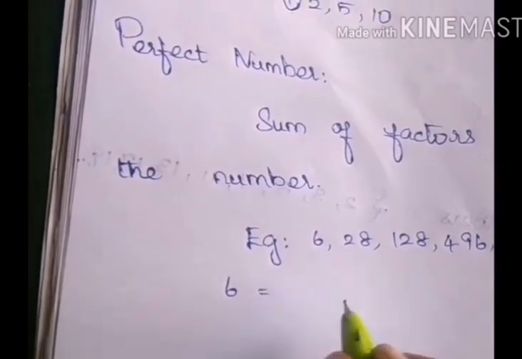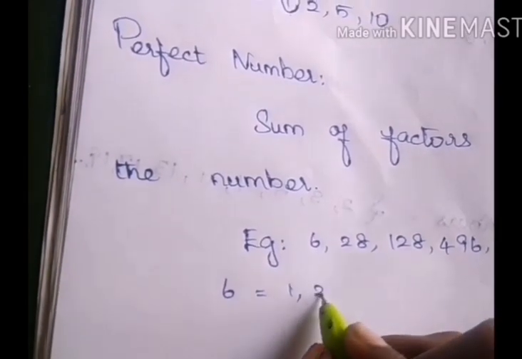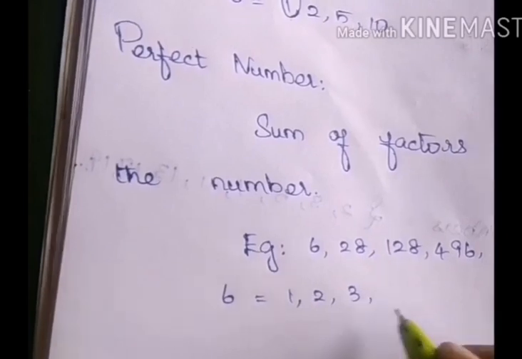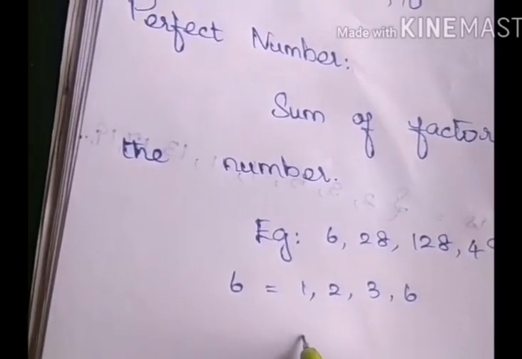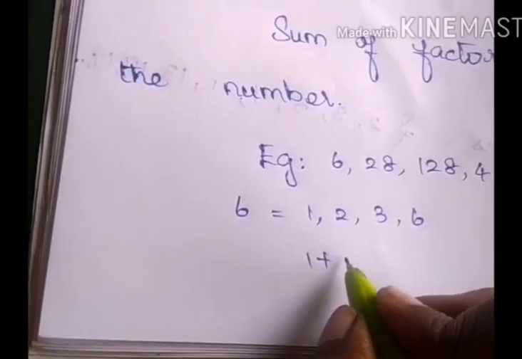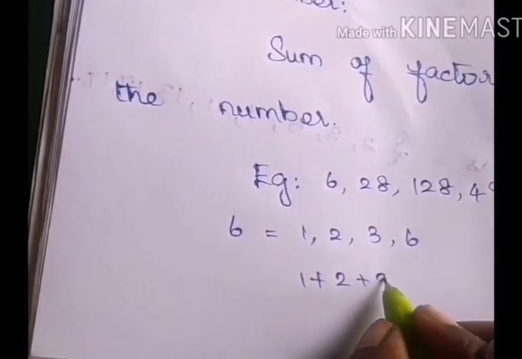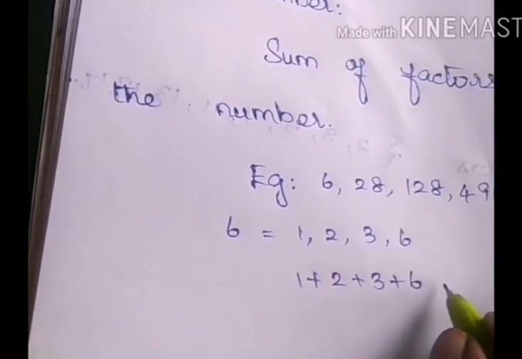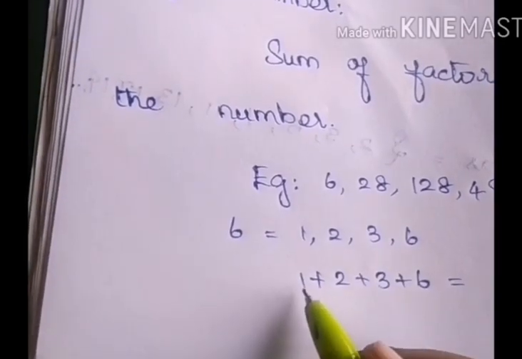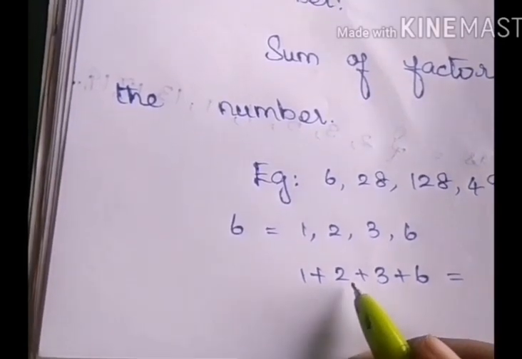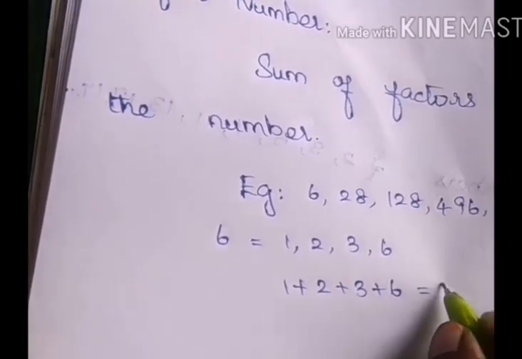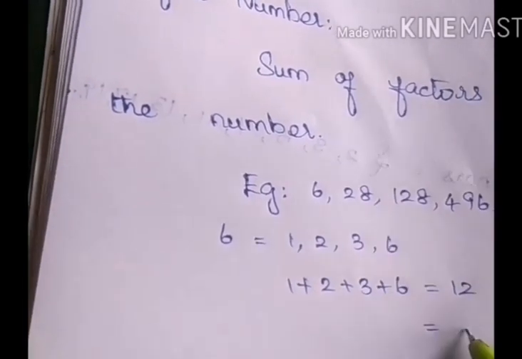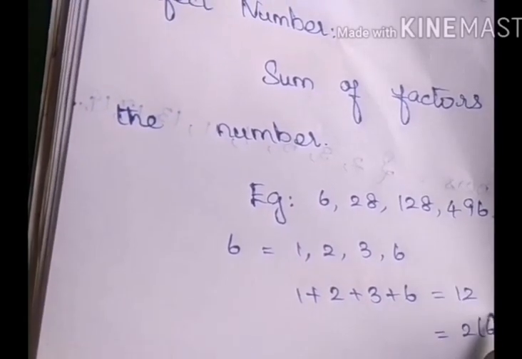The factors of 6 are 1, 2, 3 and 6. When we add these factors, 1 plus 2 plus 3 plus 6 gives you 1 plus 2, 3, 3 plus 3, 6, 6 plus 6, 12, which is twice that of 6.